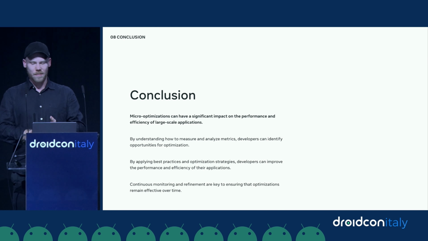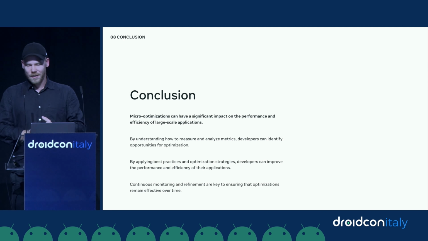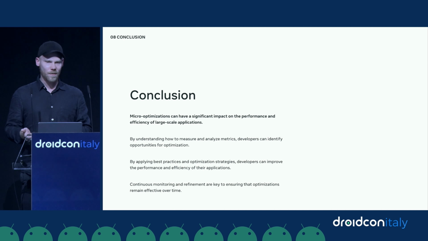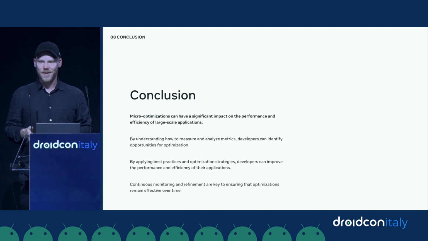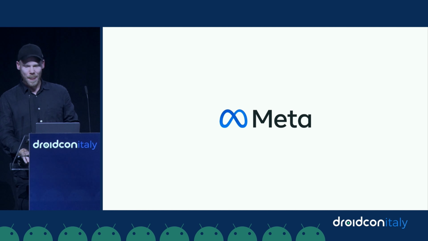And by applying the best practices and optimization strategies, we can improve the performance and the efficiency of applications. And the last point, continuous monitoring and refinement are key to ensuring that the optimizations remain effective over time, because chances are high we are not the only one working on the code base. So we need to measure, we need to monitor and be aware.